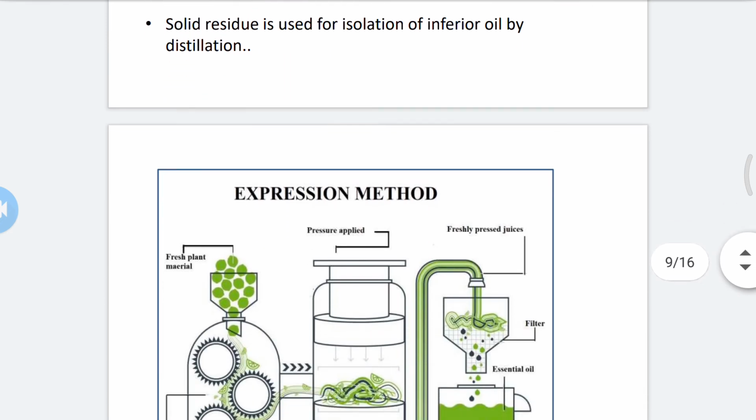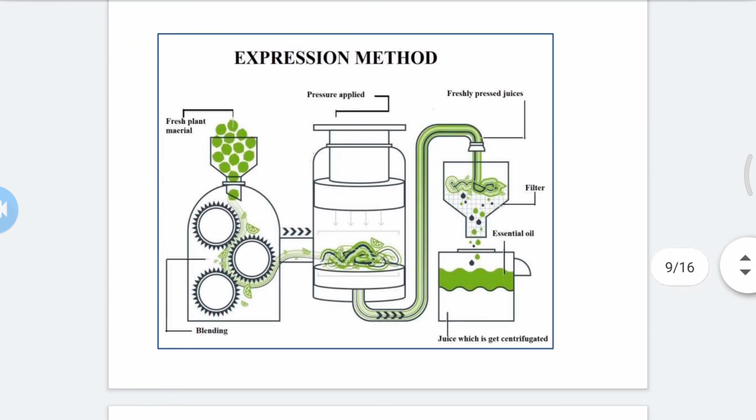This is the diagrammatic representation of the expression method. First the plant leaves are crushed, then transferred to a blender, and pressure is applied to form juice. The freshly pressed juice is transferred and extracted, then centrifuged and purified.